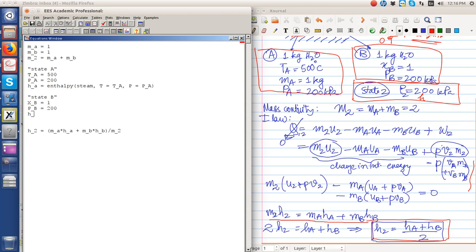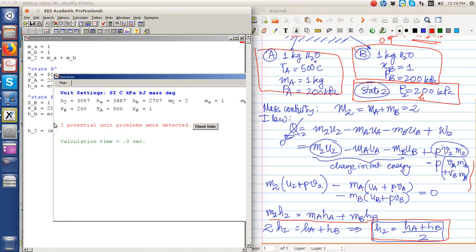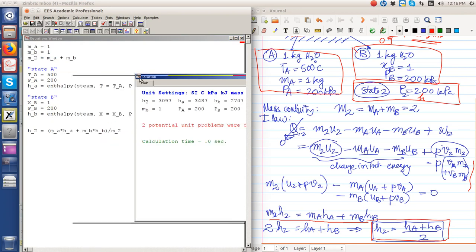HB is the enthalpy of steam at X equal to XB and P equal to PB. These two are mixing and giving us the final state. So let's see what H2 is. H2 is equal to 3097 kilojoule per kg.